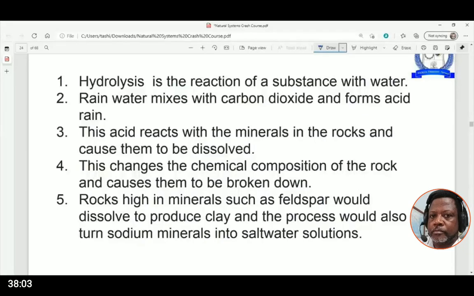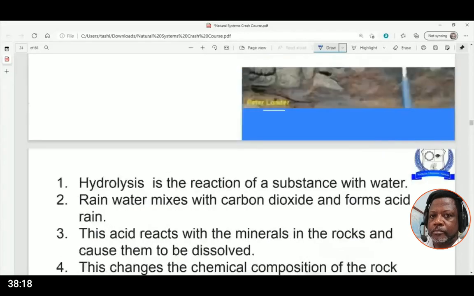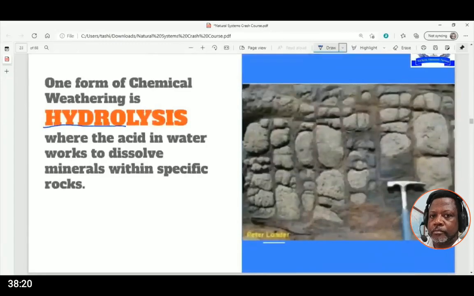It doesn't mean that the rock itself is just going to wither away and you see nothing at all. All of the other minerals that are in the rocks would have been left standing. So look at the picture that we have here.